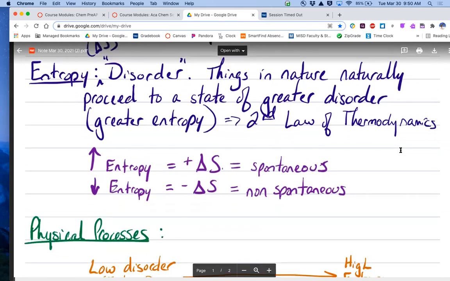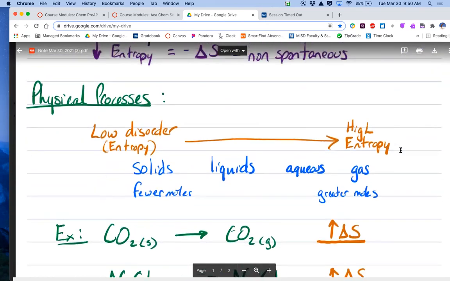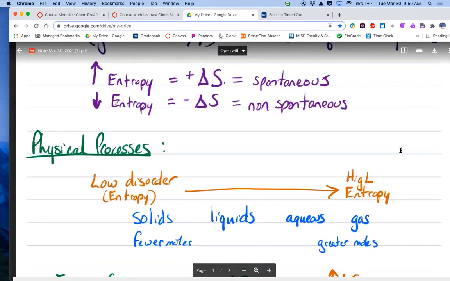Physical processes, and this should have been a little bit different, but again, I was pretty asleep when I wrote this. Low disorder, low entropy to high entropy, the phases of matter: solids have the most order, so therefore the lowest disorder, the lowest entropy.